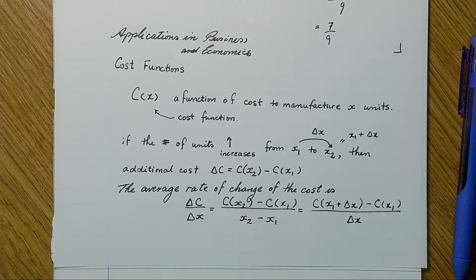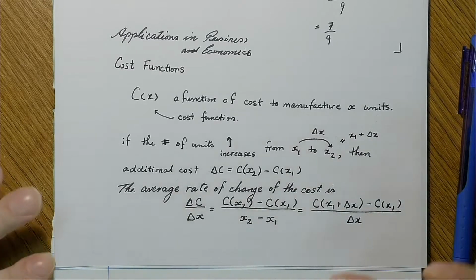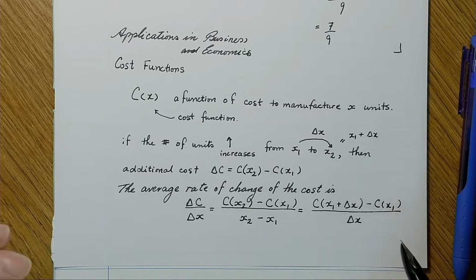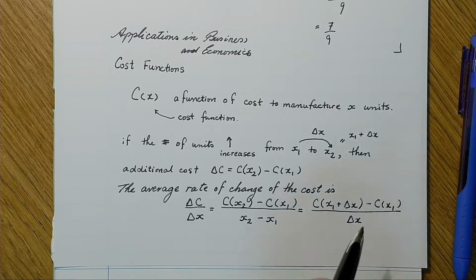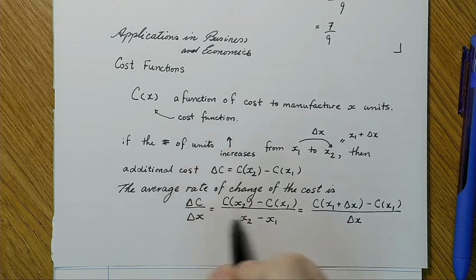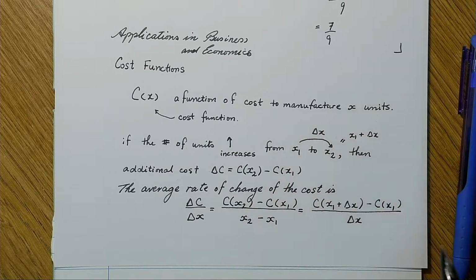And that should already give you goosebumps, because that looks like something we've already seen. And if we have a limit involved in there, then we can go from the average rate of change to the instantaneous rate of change. So again, we're getting to the idea of the derivative.